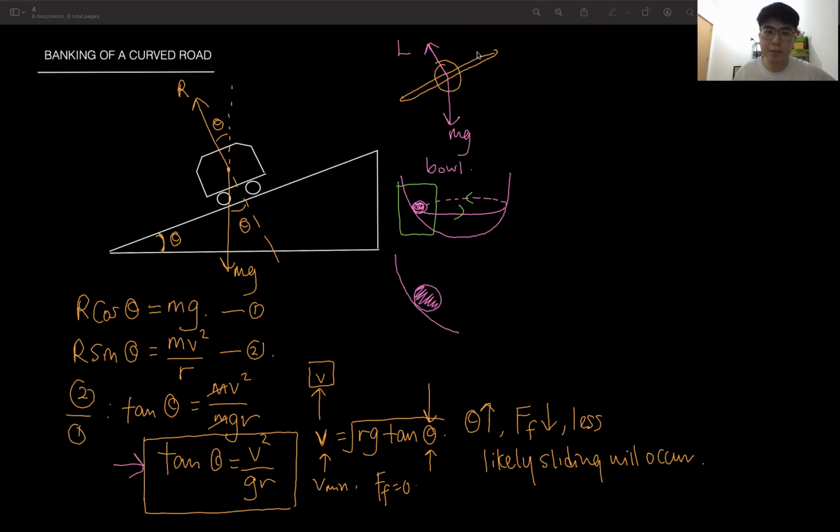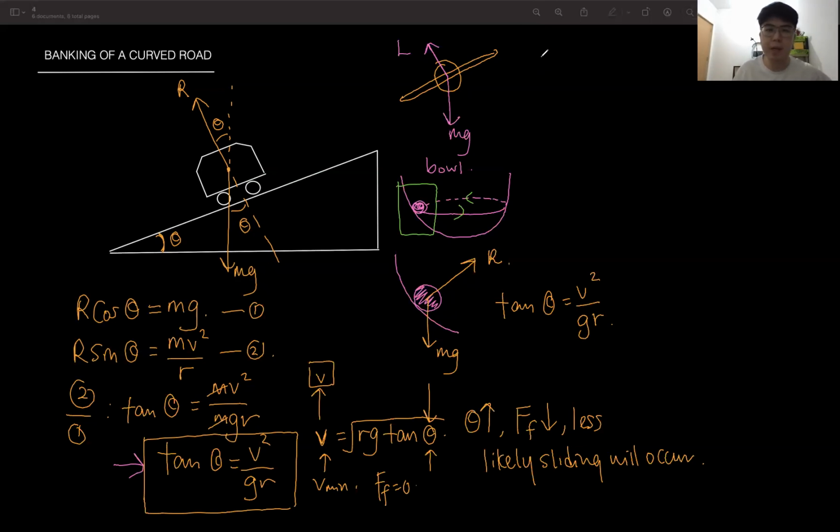The forces: we have mg. Where's the reaction? This is a curved surface, so the normal reaction is somewhere here, R. Again, R is sloping and mg is straight. So you derive the equation, you get the same result: tan theta equals v squared over gr.